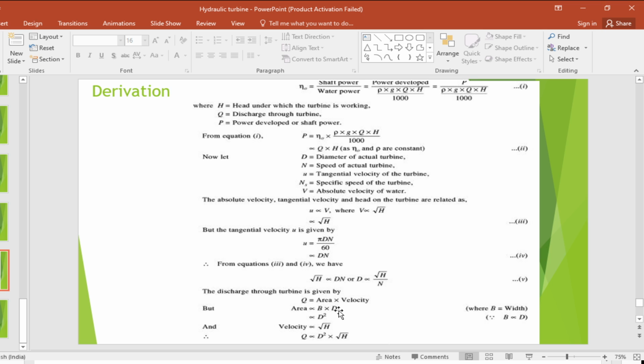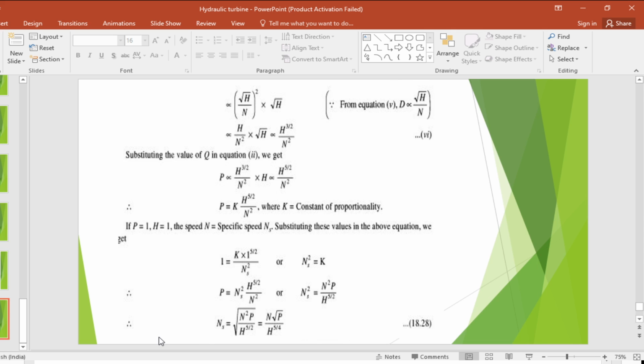B here is directly proportional to D, so the area is directly proportional to D square. And velocity, we have written as directly proportional to root of H. So the discharge is directly proportional to D square into root of H.